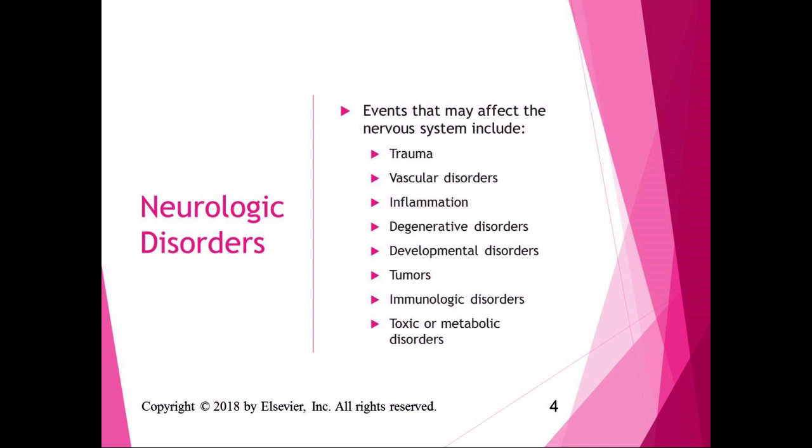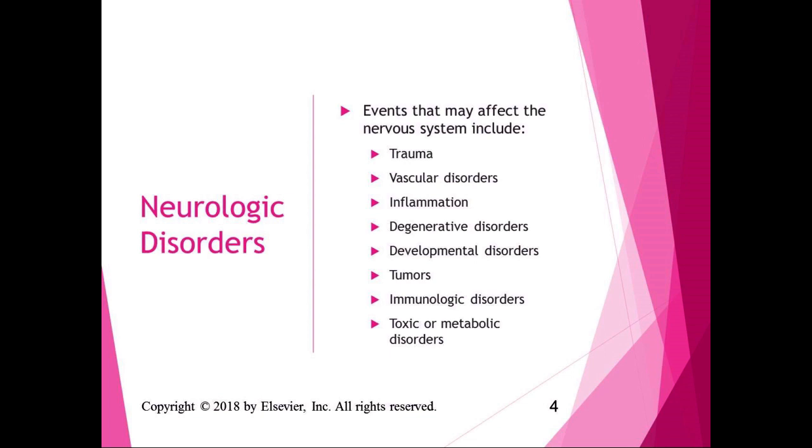Developmental disorders include things like spina bifida and cerebral palsy. We will talk about those in the development chapter. Developmental disorders also include things like autism and other disorders that happen during the development of the brain and nervous system. Tumors, a brain tumor or any nervous system tumor can affect any part of the brain or nervous system. Immunologic disorders can be autoimmune disorders.